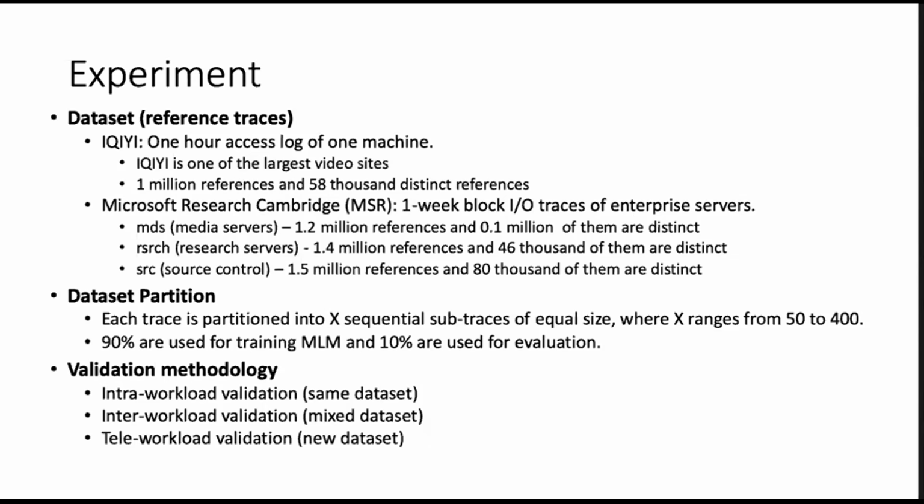We extracted media servers, which have 1.2 million references and 0.1 million of them are distinct. For research servers, there are 1.4 million references and 46,000 of them are distinct. And for source control servers, we have 1.5 million references and 80,000 of them are distinct.